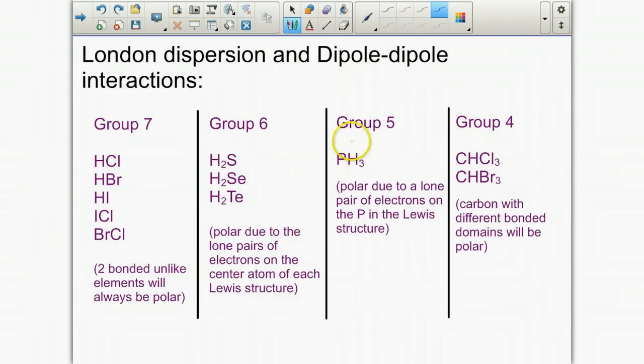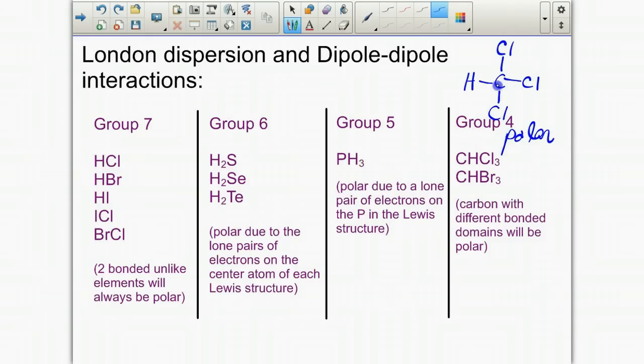The last one's group 4. And this is really going to be about the bonding domains because carbon never has lone pairs around it. So if you have a carbon that has an imbalance or unlike bonded domains, here I have 3 chlorines and 1 hydrogen. Since this hydrogen is different from the other 3 bonded atoms, this is going to be considered a polar molecule.